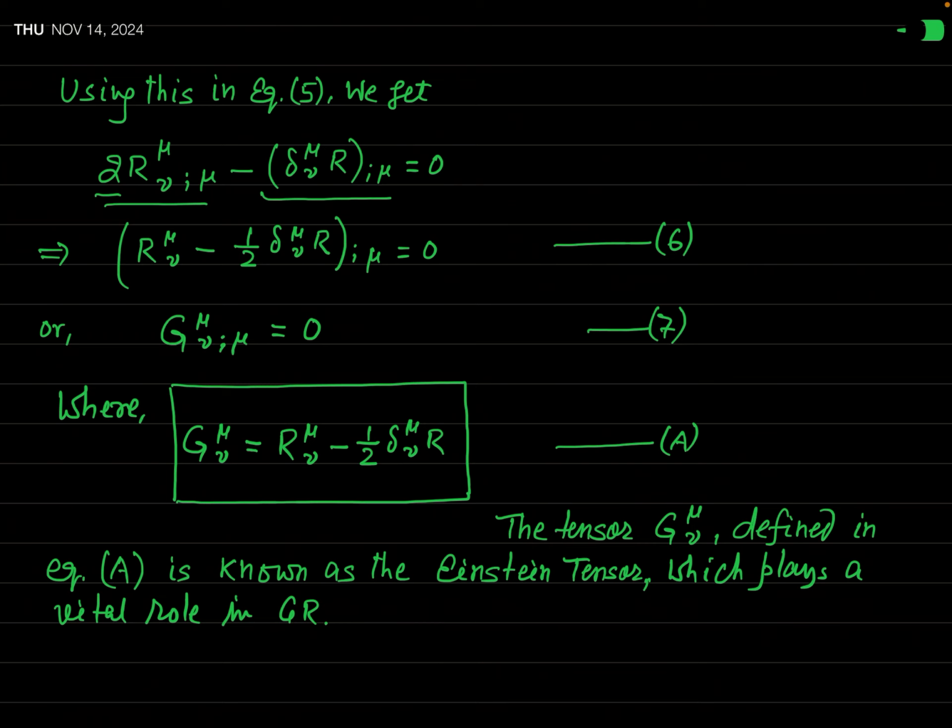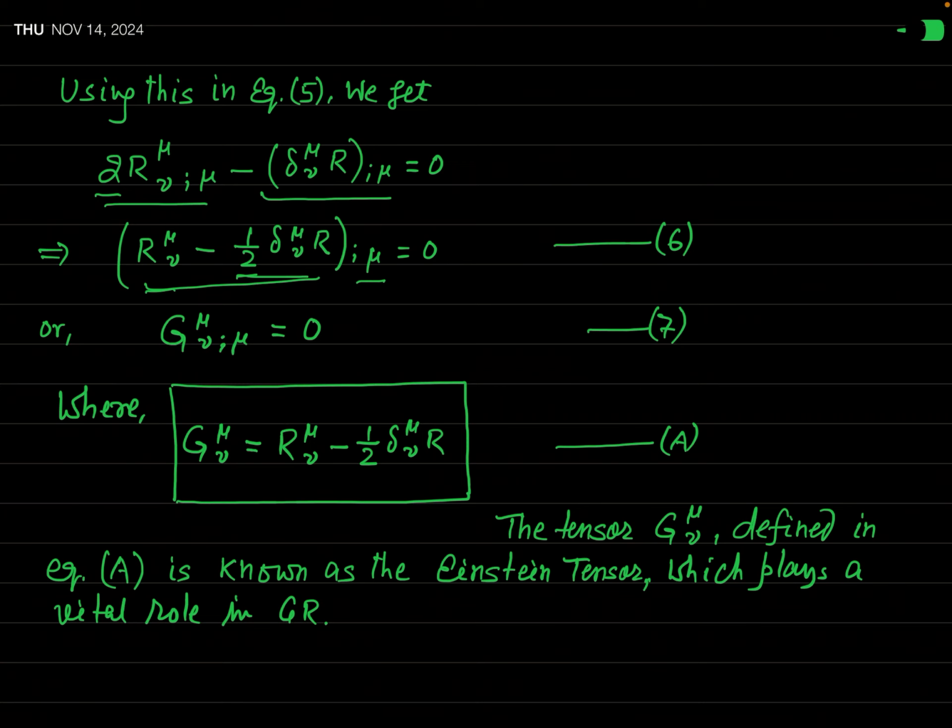So in place of the first term you will have R mu nu semicolon mu, and in place of the second term there will be 1 over 2 delta mu nu times R. Since both are differentiated with respect to mu, you can now write this as the covariant derivative of R mu nu minus half delta mu nu R. This last expression represents the covariant derivative of the quantity inside this bracket with respect to mu.